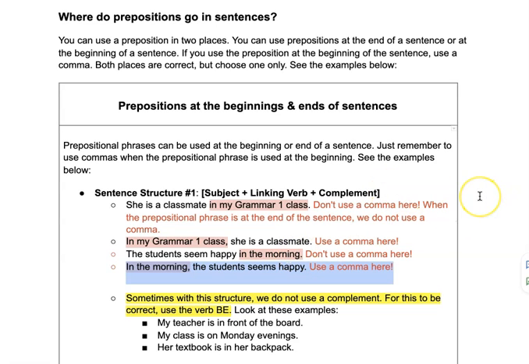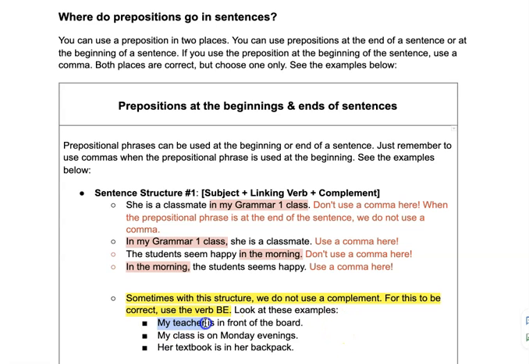In sentence structure 1, sometimes we do not use a complement. We only use subject plus linking verb plus prepositional phrase. This is only true when we use the verb be. So look at these examples here.